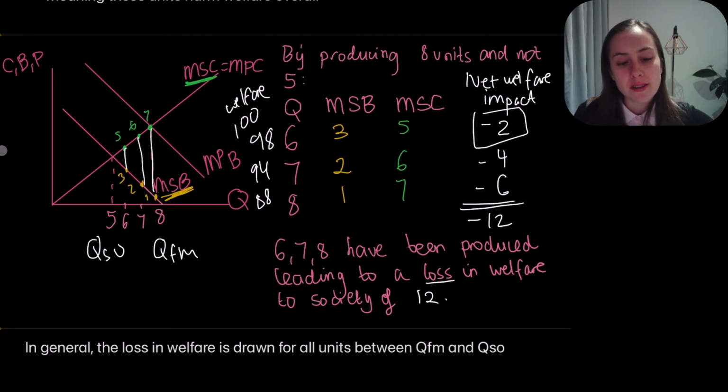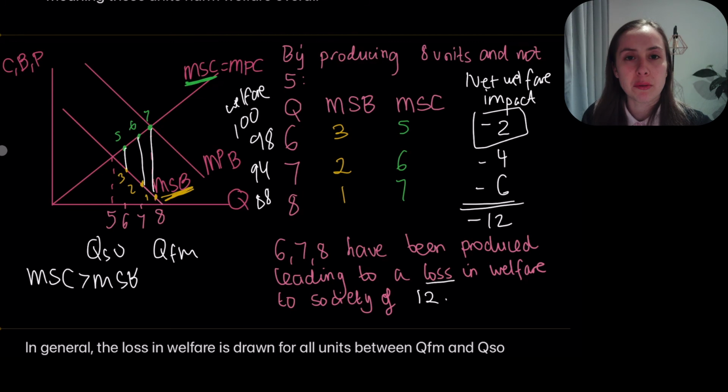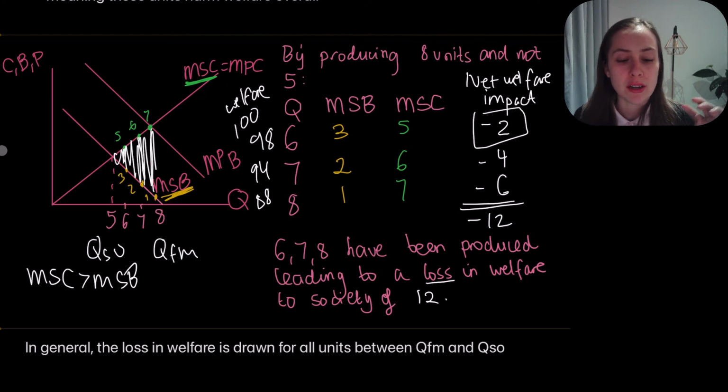So all of these units between the QFM and QSO that have been overproduced, all of these units had MSC exceeding MSB, which meant that they created a net welfare loss to society, and the sum of all the welfare loss is the sum of all that net welfare impact, which is 12 in this case. So we're going to find that all of this shaded area ends up being the net social welfare loss due to producing at QFM and not QSO.